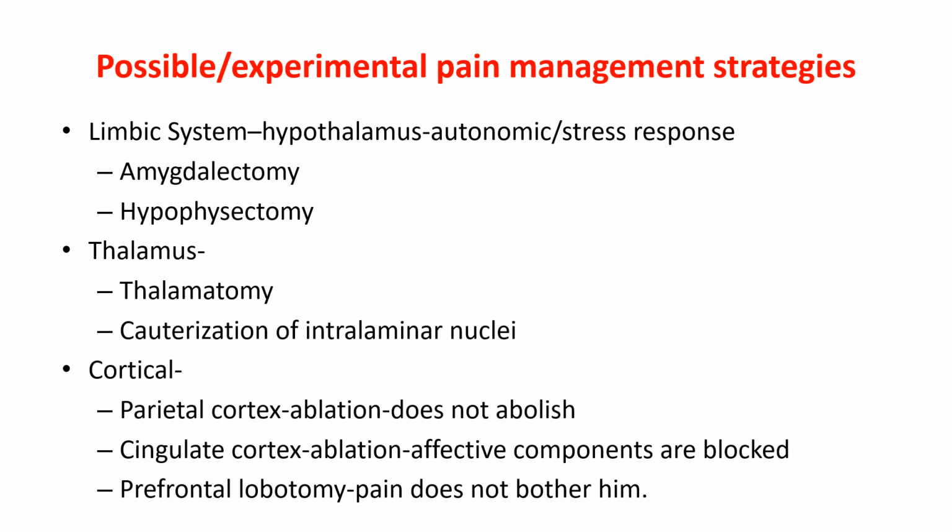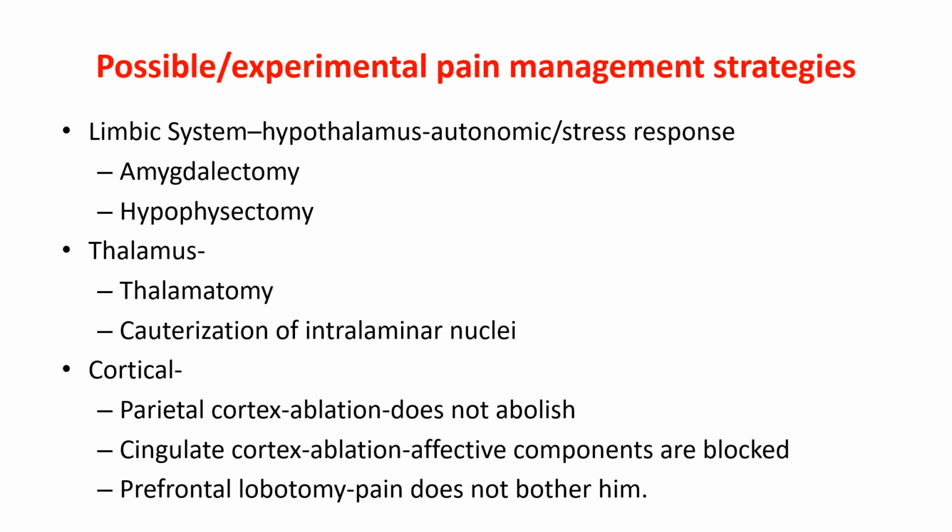Then there is the thalamic level. A thalamotomy, especially a specific thalamotomy, means that by laser or cautery, they destroy the particular nucleus which is transmitting the pain, so that the pain is diminished. You can do the thalamotomy, especially of the VPL nucleus, the intralaminar nucleus or the dorsomedial nucleus.